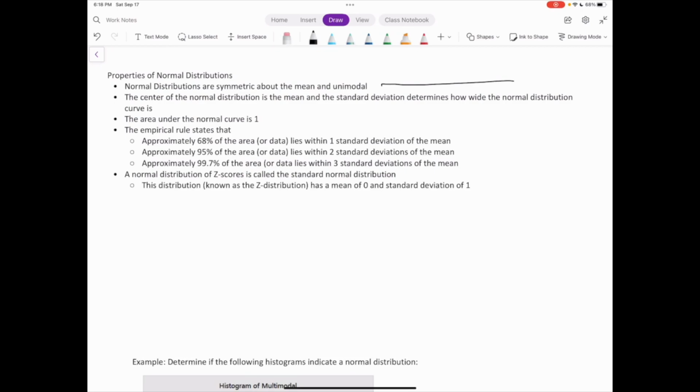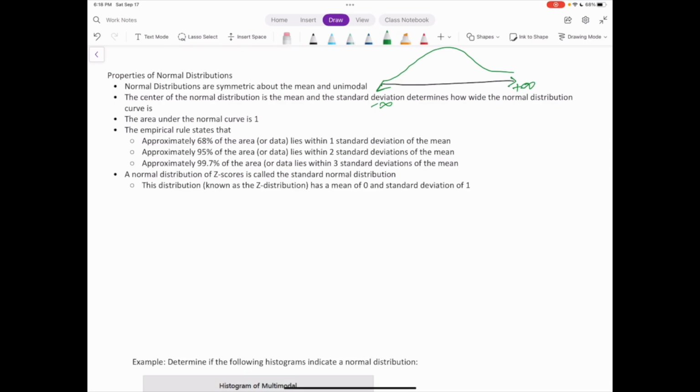I don't know if you've heard of that before, but the bell curve is simply, let's say this is a number line of all my data values as we go from negative infinity to positive infinity. A distribution of my data values, if they look like this, that bell curve where it's unimodal and symmetric.